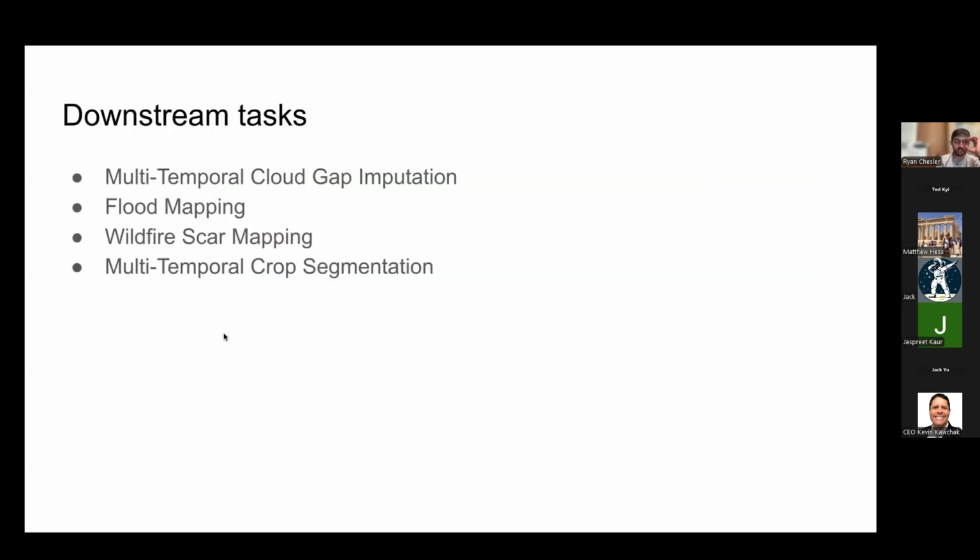So what are those downstream tasks that we're interested in? One of them is multi-temporal cloud gap imputation. The high-level summary of this is, if you have multiple timestamps of a given area, you want to be able to eliminate the clouds. So you have multiple images, and you want to understand what was under the cloud that was blocking something.